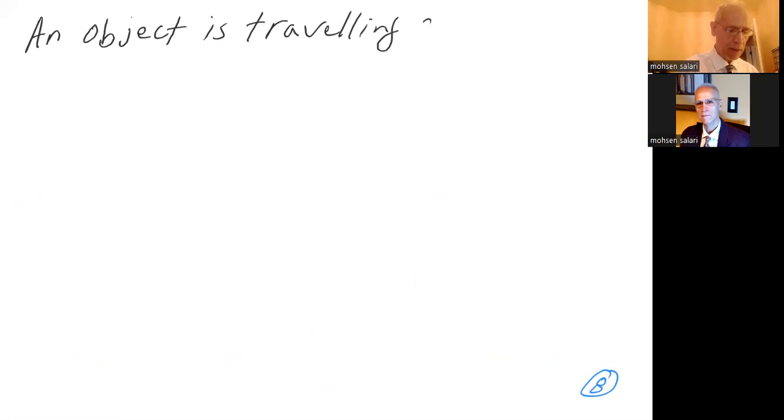An object is traveling around a circle with a radius of 2 meters.